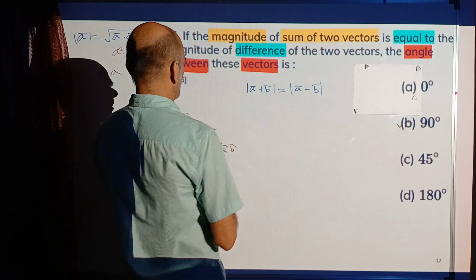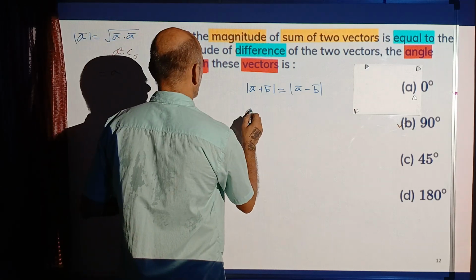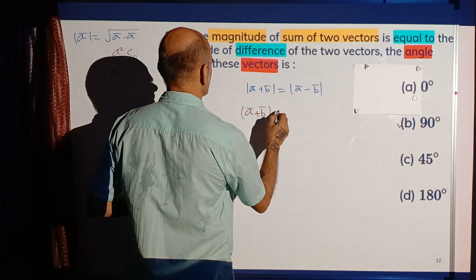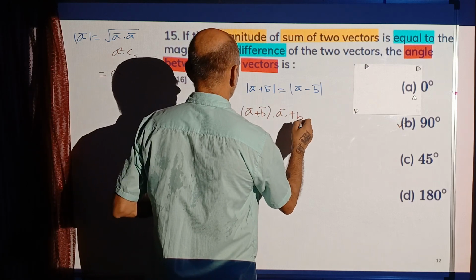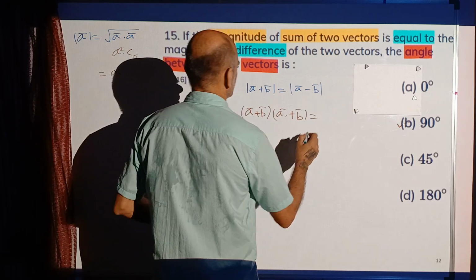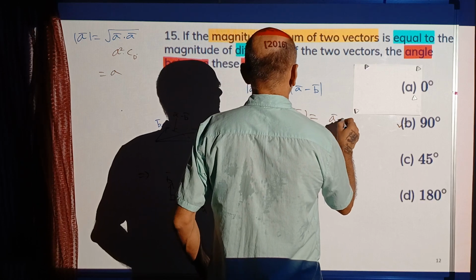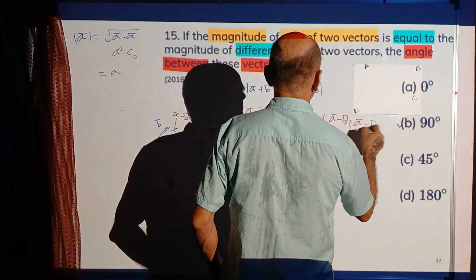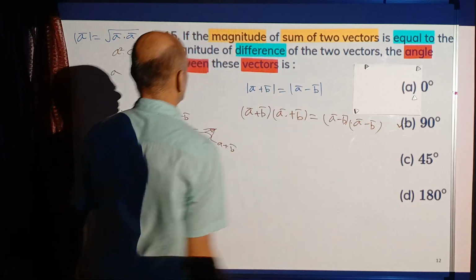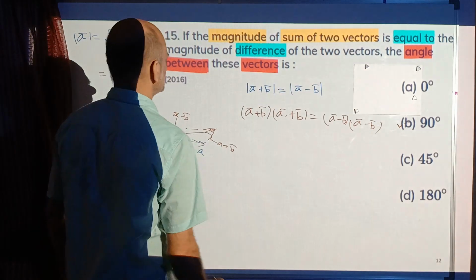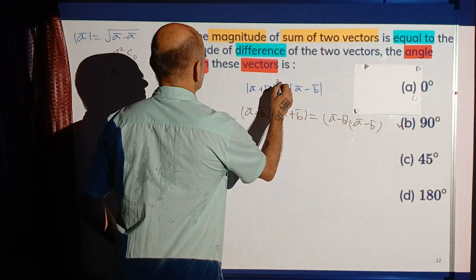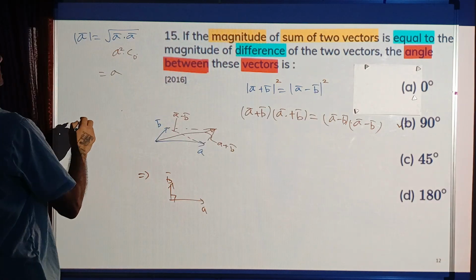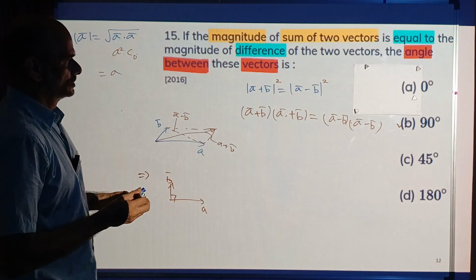So this means the dot product of A plus B with itself is equal to A minus B dotted with A minus B. We can square both sides, so the square root can disappear. If this is equal, the square root is also equal, and magnitude square is nothing but the dot product.